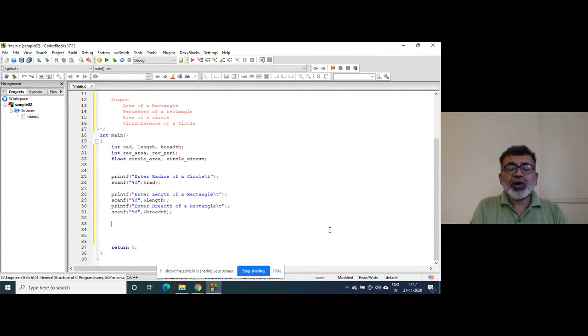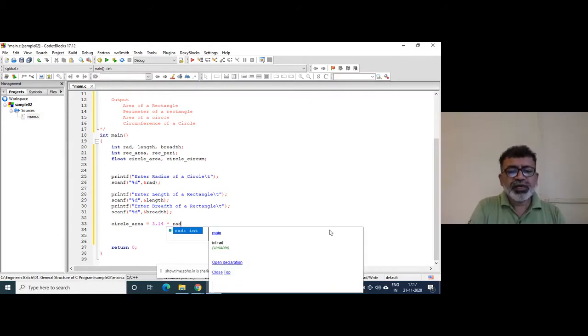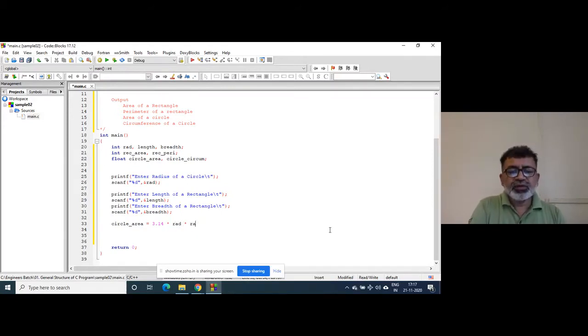And now I will write formulas, what you can call arithmetic statements. There should be a chronology, some kind of sequence must be there. So first I will calculate circle area is equal to the area of a circle, pi r square, right? 3.14 into radius into radius.